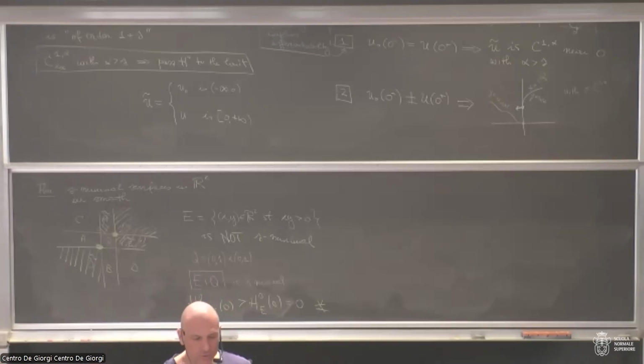And when you do this, well, you have to do the calculation, but what you get is that when you do a step of order 1 and you glue in a large ball of radius r, you have an energy benefit in doing so, which is positive.